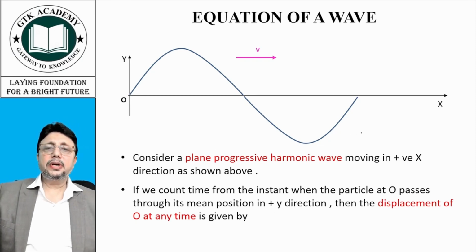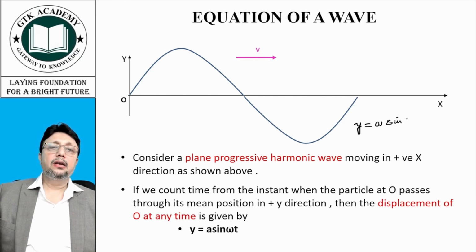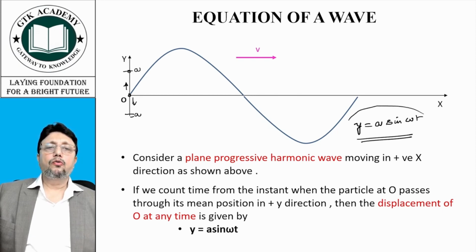Then the displacement of O can be written as y is equal to a sine omega t, because O will only oscillate about this position. It will go up, then it will come down. So if the amplitude is a, it will go a here and then minus a in this direction. So this is perfect. The particle at O can be represented by this equation.